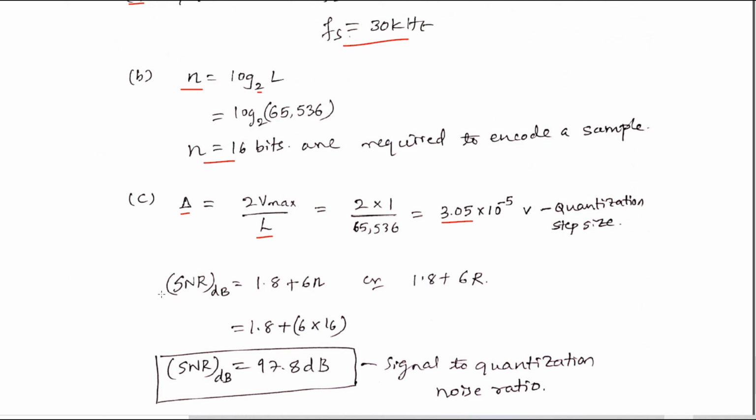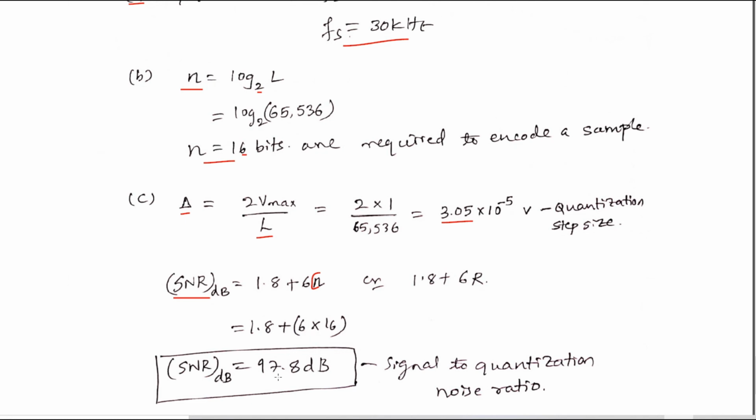Okay, now coming to the signal to noise ratio, we have the equation as SNR in decibels is equal to 1.8 plus 6n, where n is the number of bits used to represent each sample. So it is 16, as we have already calculated here.